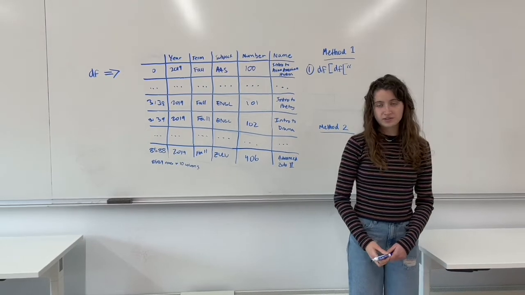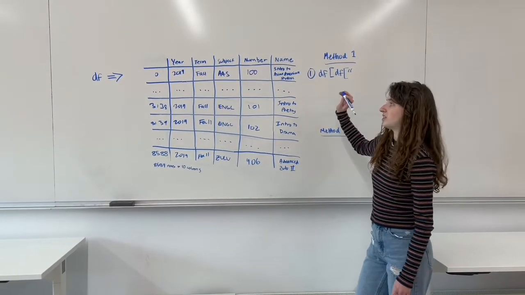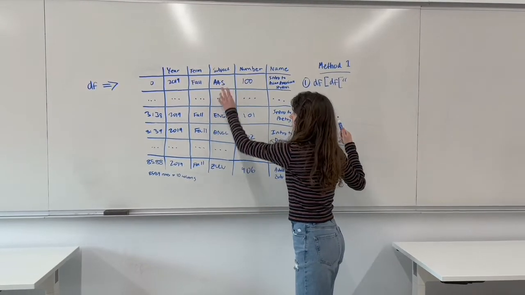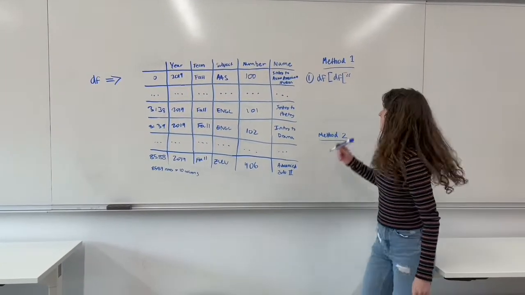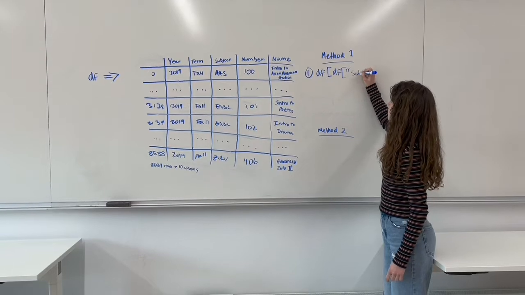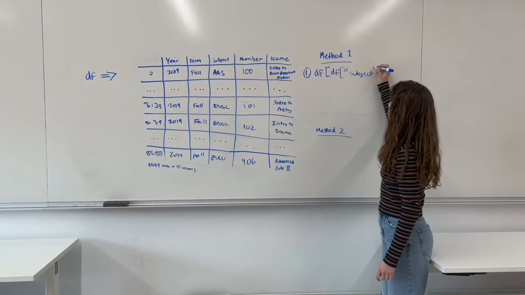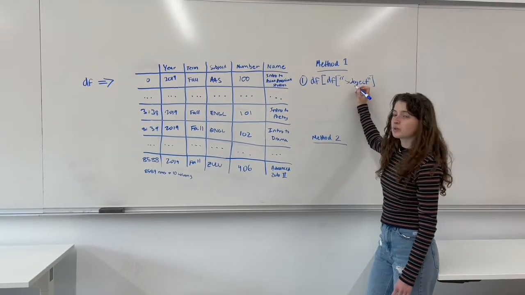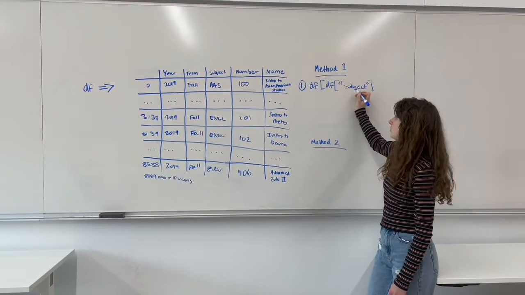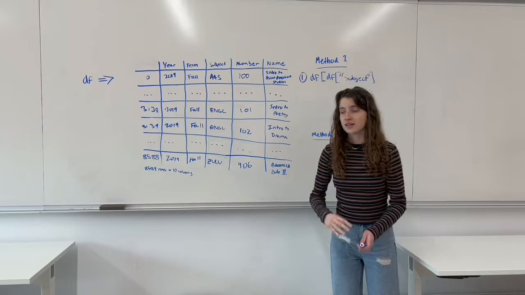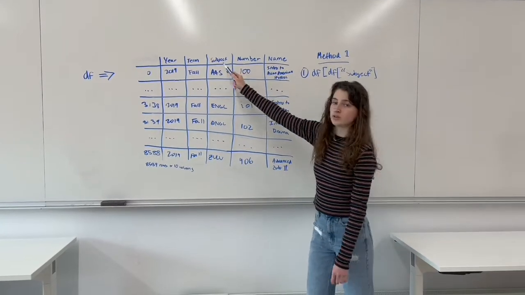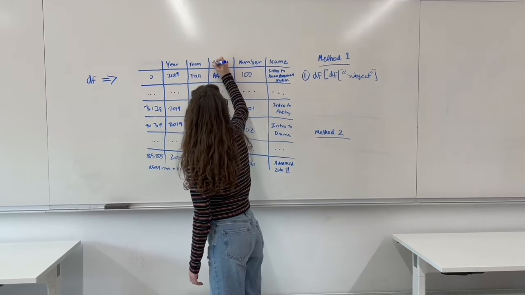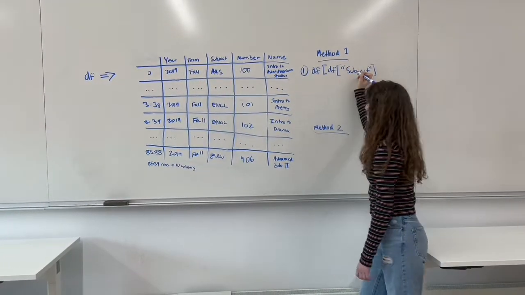Since we're eliminating all classes that don't have the subject English, and we only want to take the English subject, we're in the subject column. So you write df subject in brackets, and you always want to put the name of the column in quotes. Make sure it's spelled exactly as the column name appears, so capitals have to be the same. This is a capital S, so you want to make sure this is a capital S, right?